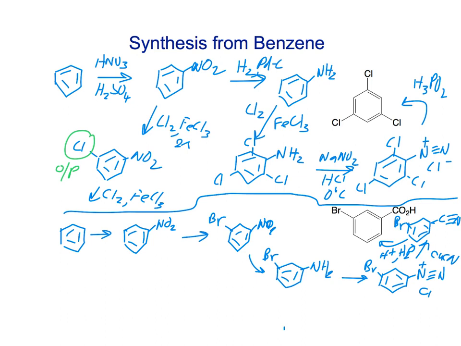All right, any other ways that we could do this? Could you just put an acyl group, then brominate, and then change to carboxylic acid? Yeah, something like that.